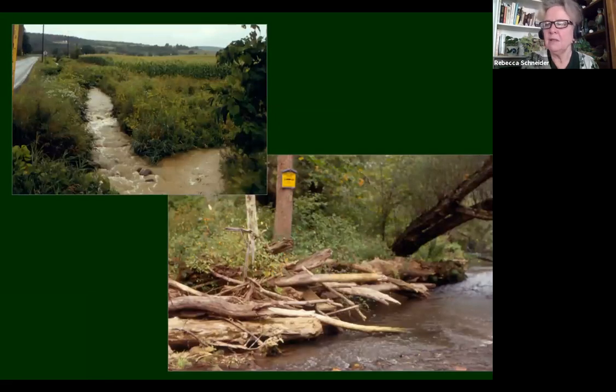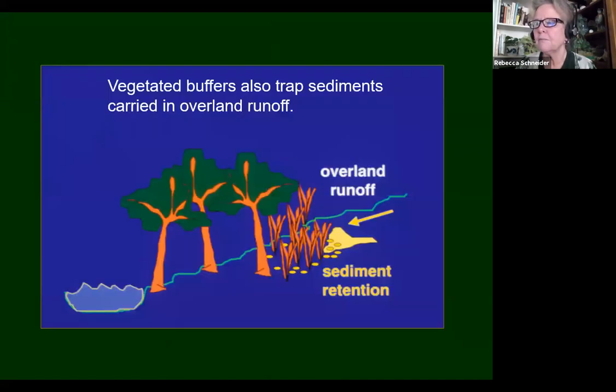It can be sediment, but it can also be big coarse material like these logs and branches that would clog up a bridge and cause rivers to flood over a road. When there's vegetation next to a stream, they also intercept things that are running off the landscape, and they're very important for capturing sediment coming off of, say, farm fields and trapping it before it ends up in the stream.